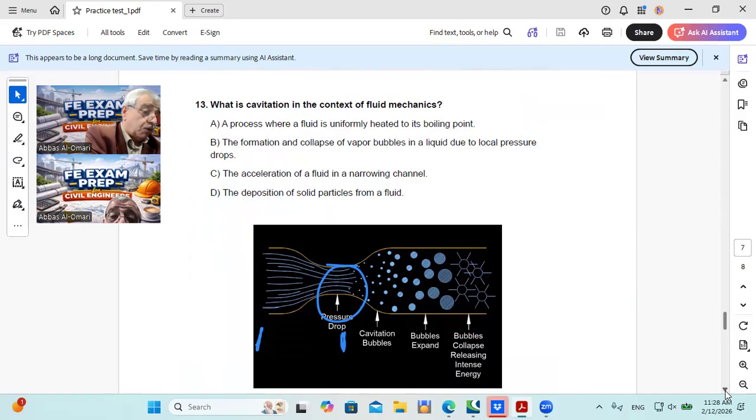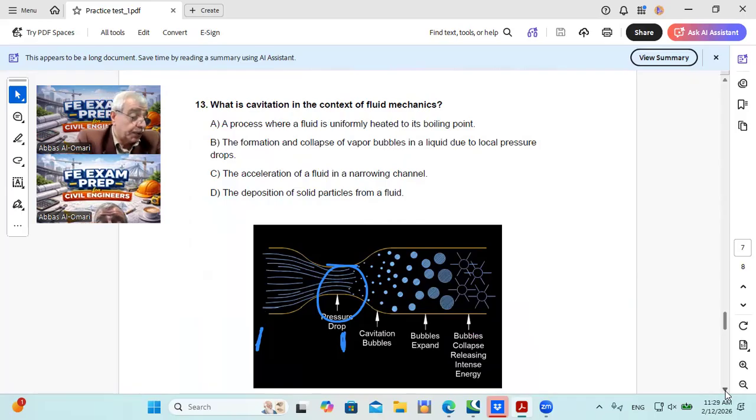Now, in general, evaporation occurs for a fluid when the vapor pressure can overcome the atmospheric pressure or the pressure above it. Now, if the pressure in a conduit drops below the vapor pressure of the fluid, the water will boil. And this is known in fluids as cavitation.